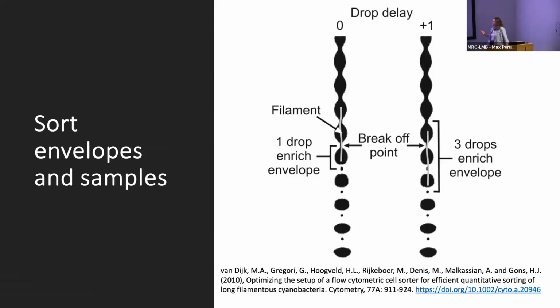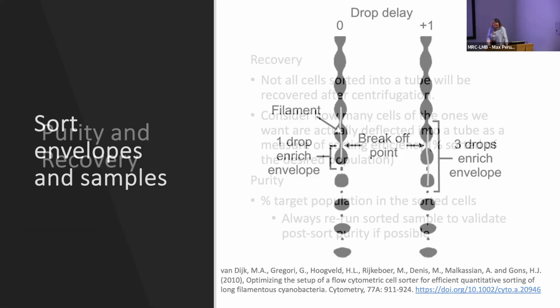A question I often ask people is, what's the morphology of what you're sorting? Especially when it comes to bacteria, is it spherical? Is it filamentous? What does it look like? This is part of the reason why, because we can adapt the settings of the sorter to maximize the purity and the recovery of your cells being sorted.